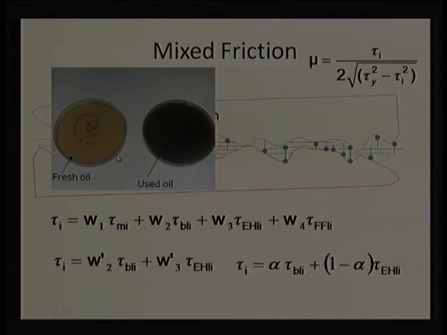After maybe 100 hours of operation, when we removed the oil from the gearbox, we found this kind of color. This is completely black, and we could not find separate particles, but this liquid is filled with wear particles. Now, there is still surface damage happening.